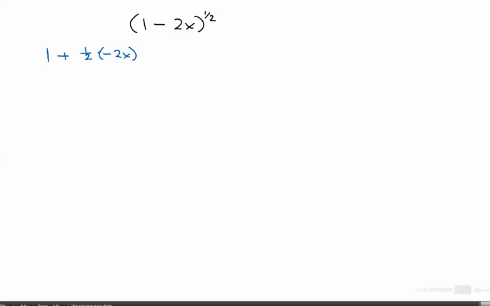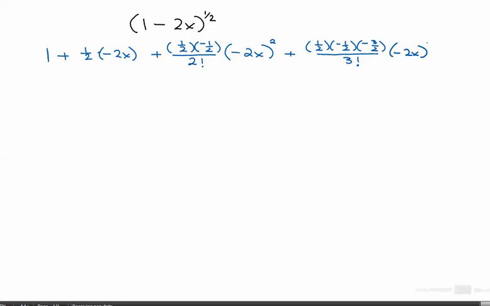And then the next term will be plus a half, which is n, times minus a half, which is n minus 1, over 2 factorial, and then multiplied by minus 2x to the power 2. The next term will be plus n, which is a half, n minus 1 is minus a half, n minus 2 is minus 3 over 2, over 3 factorial, and that's minus 2x to the power 3. And then let's put dot, dot, dot.